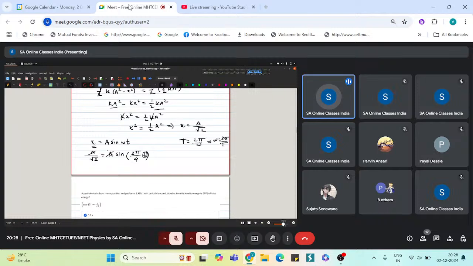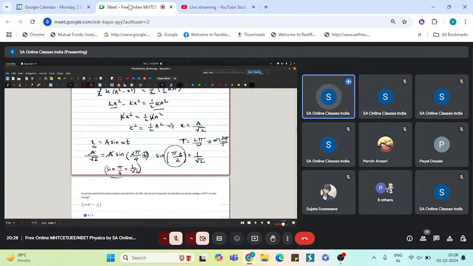And this a will cancel, and then we will have sin(pi t by 2) is equal to 1 upon root 2, and we know that sin pi by 4 is equal to 1 by root 2, right?